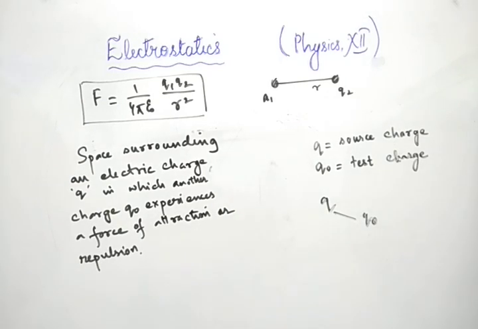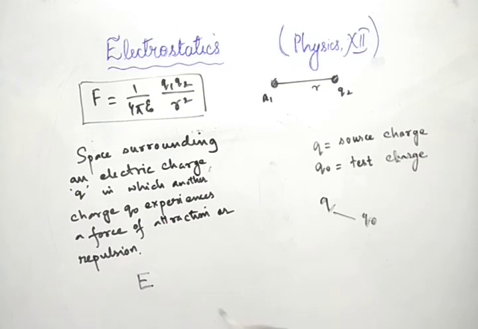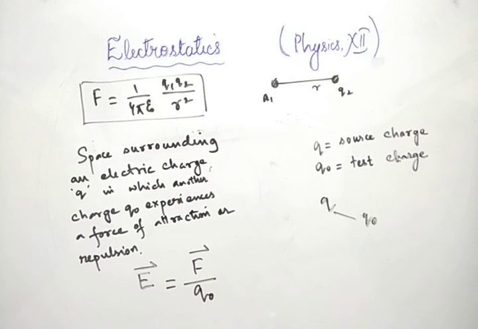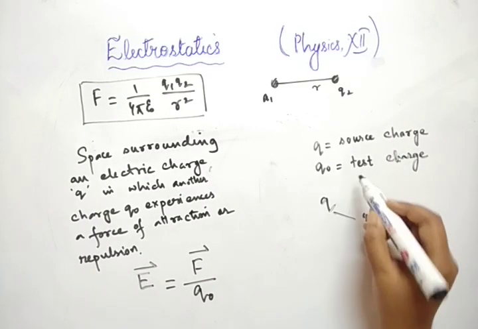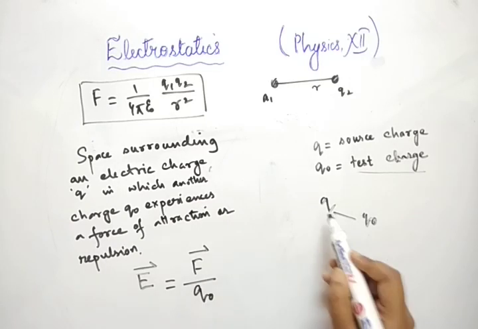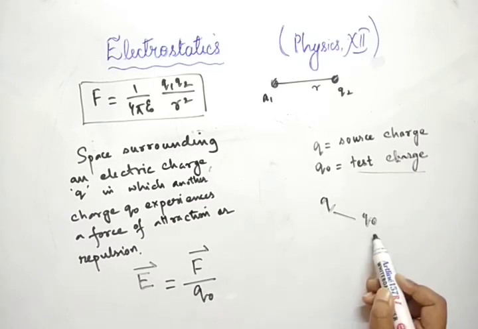Okay, so electric field is denoted by E, and sometimes we call it electric field strength or electric field intensity. Electric field is denoted by F vector by Q naught, where Q naught is the test charge and F is the force exerted by this source charge on the test charge.